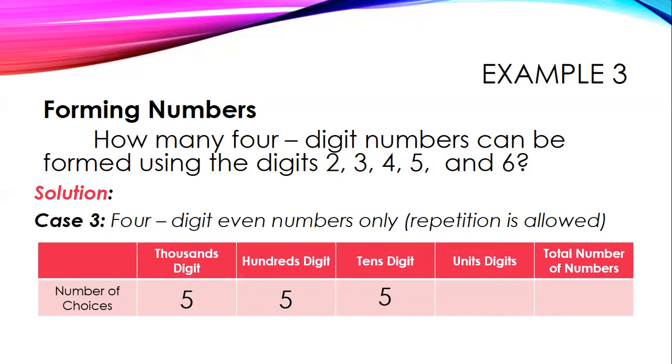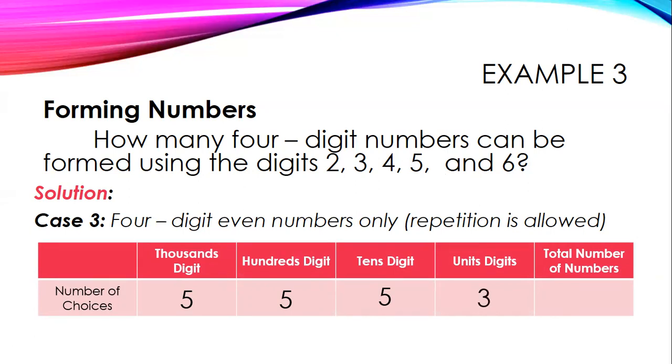How about kay units digit since ang case natin ay even numbers? So sabi ko kanina, even numbers ay nagtatapos sa 0, 2, 4, 6, and 8. So, how many even numbers do we have in our given? Meron tayong 2, 4, tsaka 6. So, meron lang tayong 3 choices.